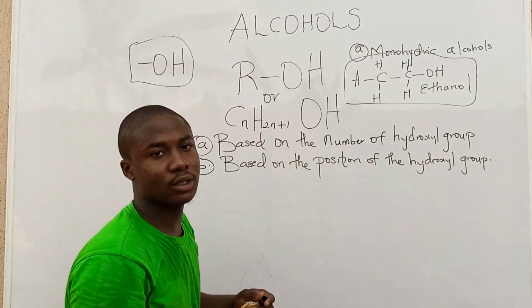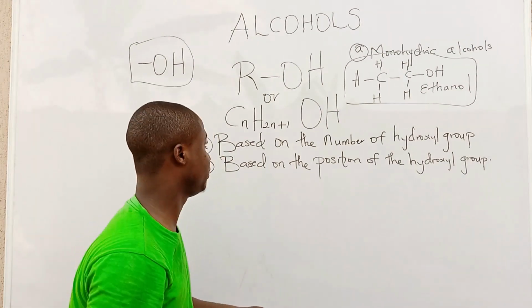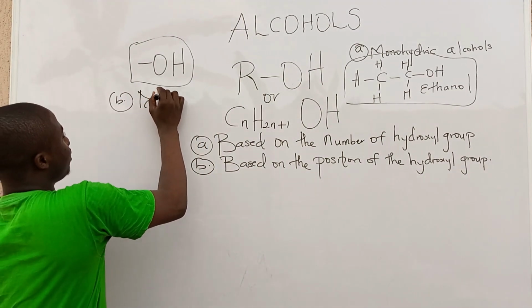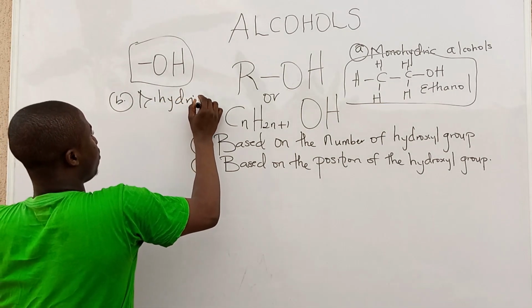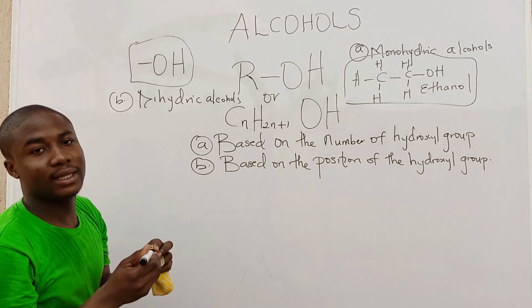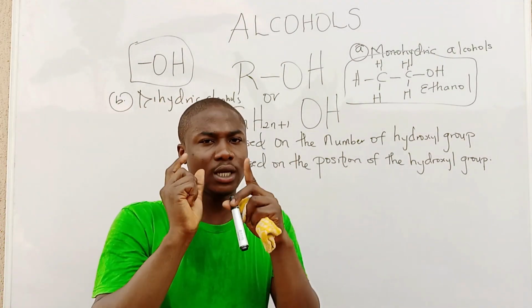Now talking about the other classification based on number of hydroxyl groups, it is the dihydric alcohols. These are alcohols that have two OH in the compound.